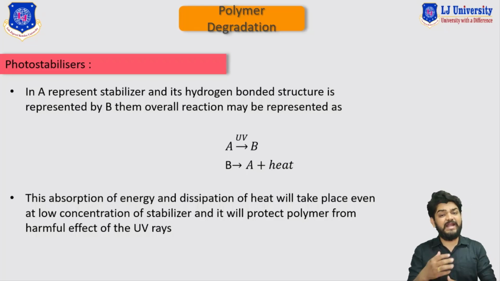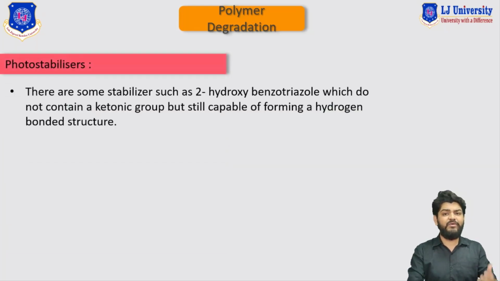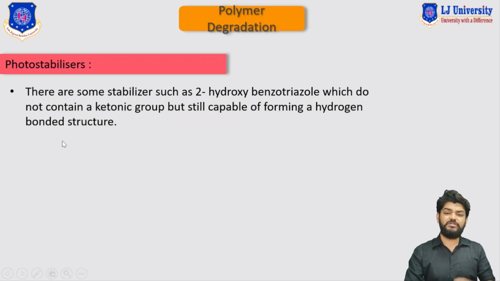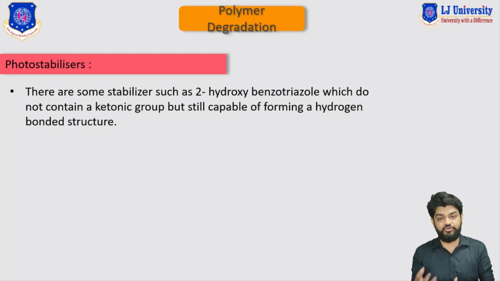Right? There are some more examples of photostabilizers as well, so now let's understand them. As you can see here, there are some stabilizers such as 2-hydroxyl benzotriazole, which do not contain a ketone but are still capable of forming a hydrogen bond structure. So it is not always required that your photostabilizer should contain ketone and hydroxyl groups.